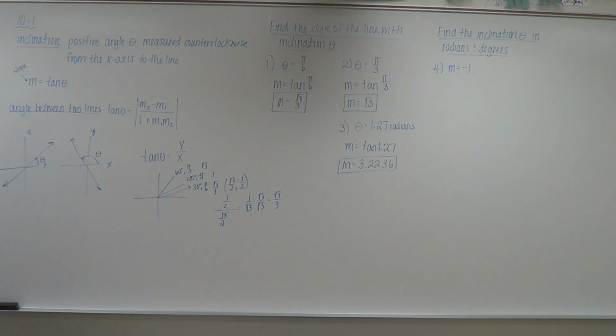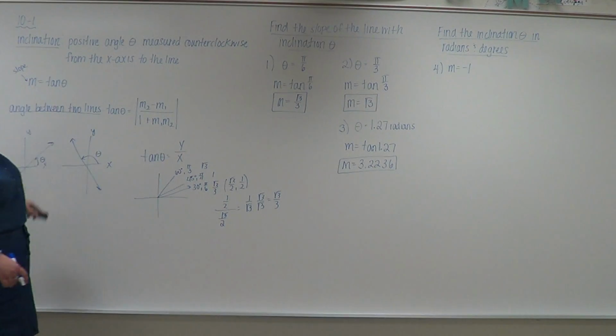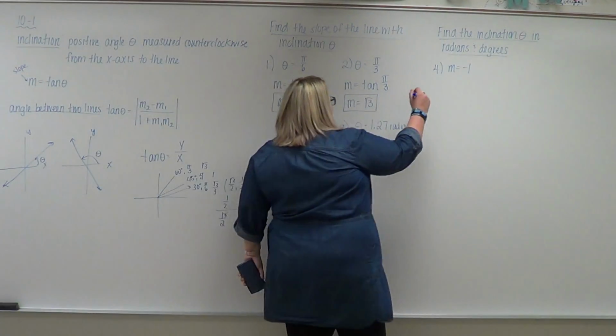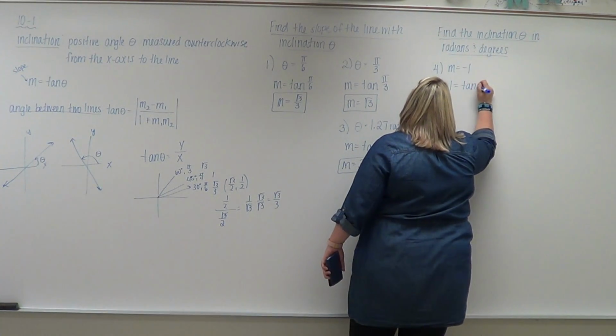It says find it in radians and degrees. We're using the same formula. The only time you use the second one is if you're given 2 lines. So I have my slope, negative 1 equals tangent theta.